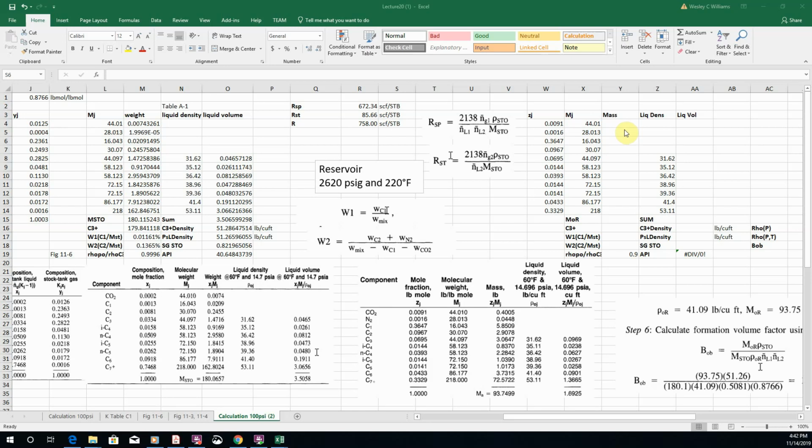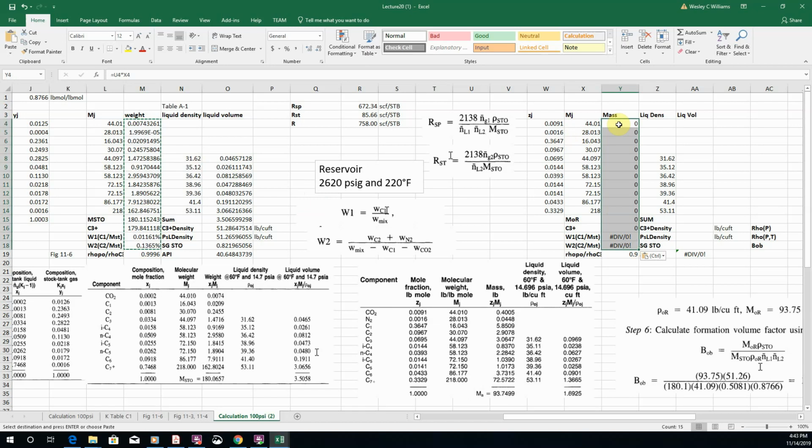What's coming in, that's actually what's coming out of the reservoir, and convert that back to reservoir conditions, which is very important. So if I come here, this is our original concentration coming into the separator. Here's the molecular weights of these things. So we're going to try to find these values. So I can almost copy and paste some of this. I'll see if I can do that.